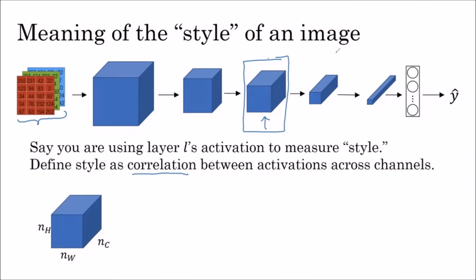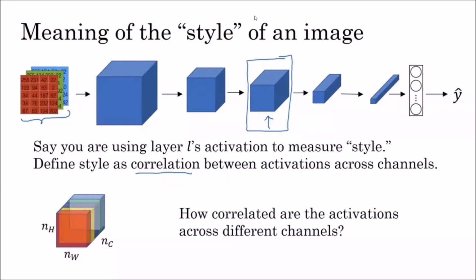In reality, there are many channels, but for the explanation purpose, we are considering NC equal to 5. These 5 channels are represented with 5 different colors. Red color represents one channel, yellow color represents one channel, like that 5 colors represent the 5 channels.